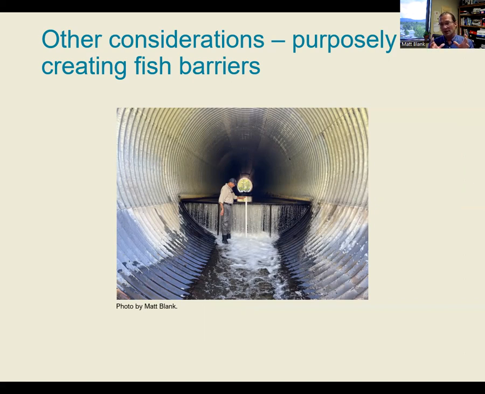It was already in place, and then this baffle wall was put into it. This particular steel plate baffle, which is about 4 feet tall, creates an impassable barrier to upstream moving rainbow trout in this case. Rainbow are invasive, and we're trying to keep rainbow from a cutthroat population upstream. So here's an example of purposely creating a barrier with the infrastructure to isolate and protect a native species.